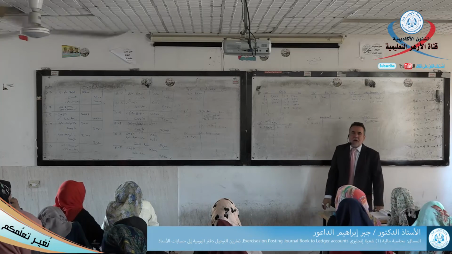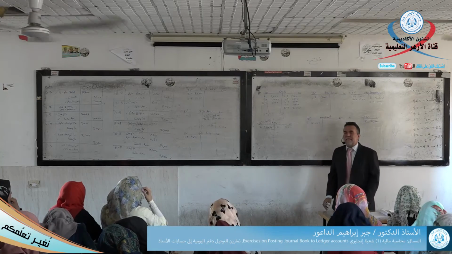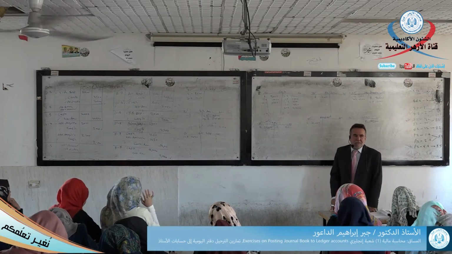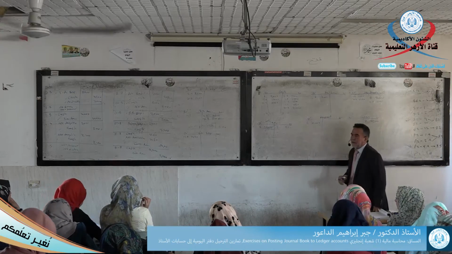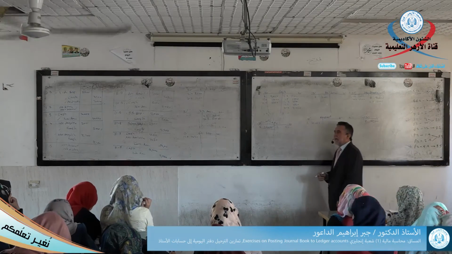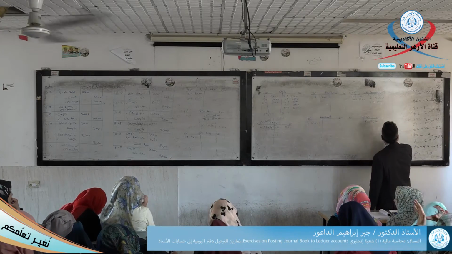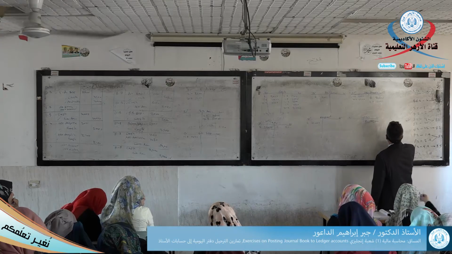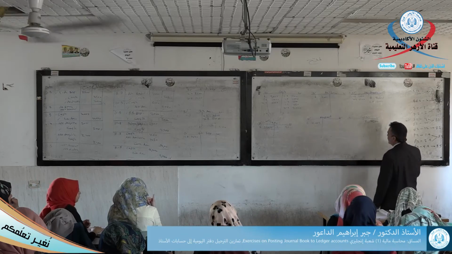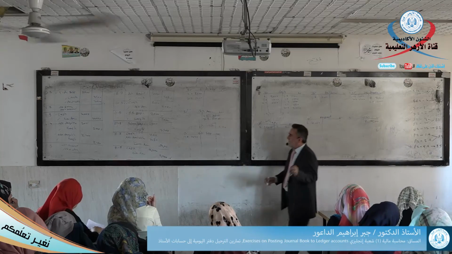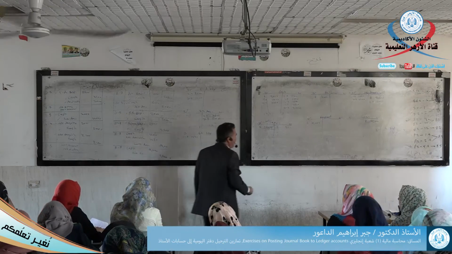On the 31st of March, salary expense to cash. So we need to open a new account for salary expense. Salary expense, 2,500.